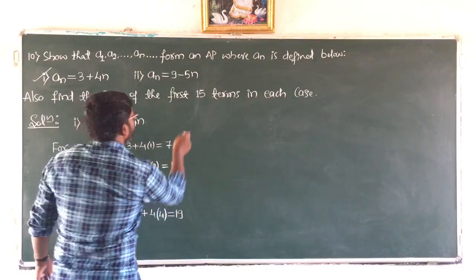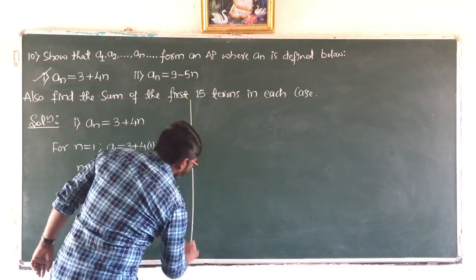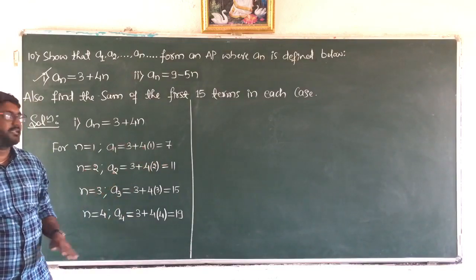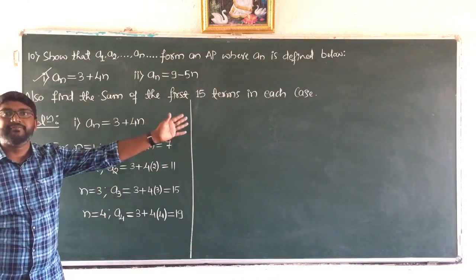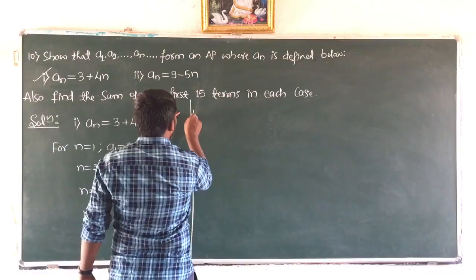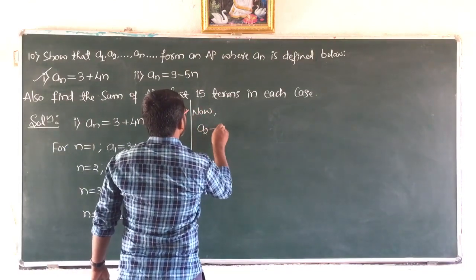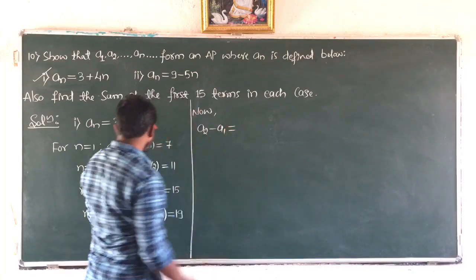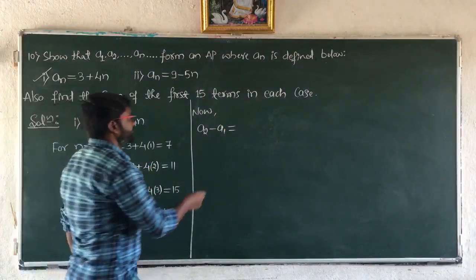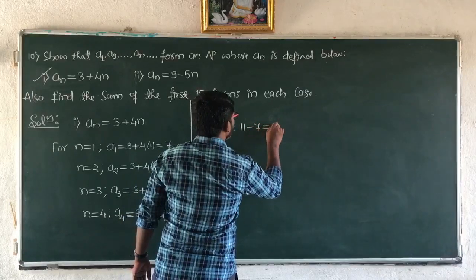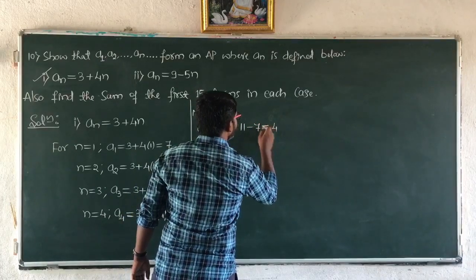So now we have to go for a2 minus a1, a3 minus a2 and then a4 minus a3 and we'll check whether we get the same difference or not. So now a2 minus a1 is equal to, what is a2 here? It is 11. So 11 minus 7 is equal to 4.